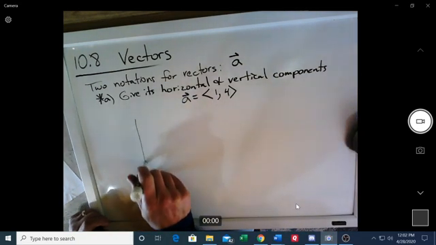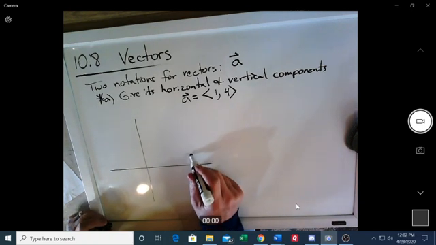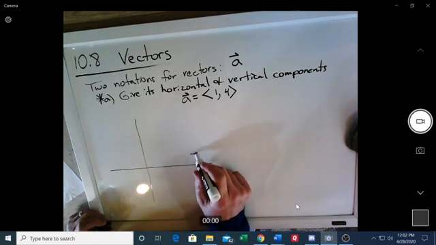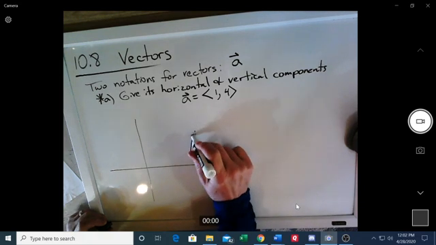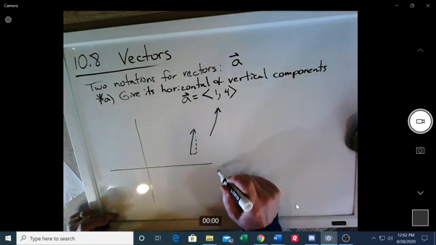If you had an XY axis, you could start it over here as long as you went 1 to the right, 4 up. There it is. There's my vector, and I can put that anywhere I want.